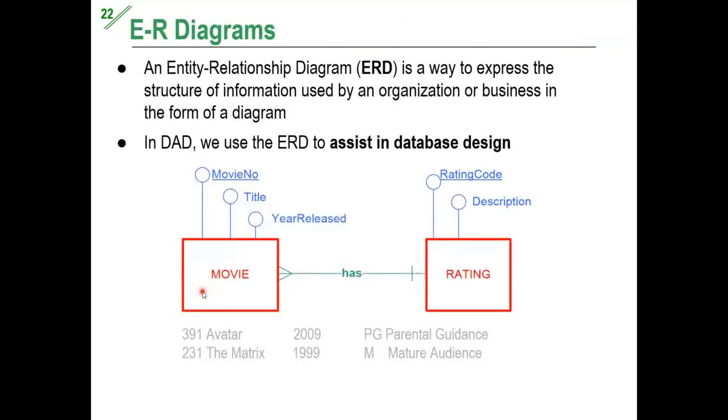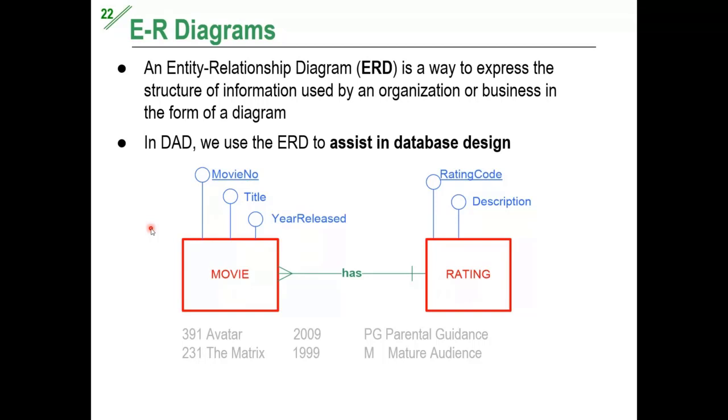Right, so this is a simple entity relationship model. I would say database model or entity relationship model or data model. So think about we are trying to build a small information system for a company which maintains movies, right?